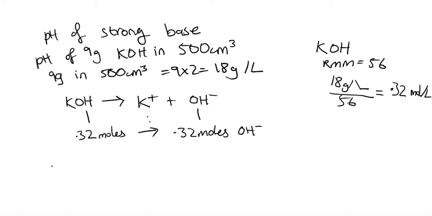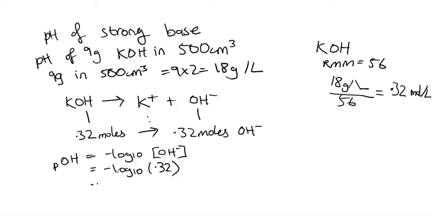And now we can calculate our pOH, which is the minus log to the base 10 of our OH minus concentration, which in this case is minus log to the base 10 of our 0.32 moles per litre. And when you plug that into the calculator, you'll get an answer of 0.49.